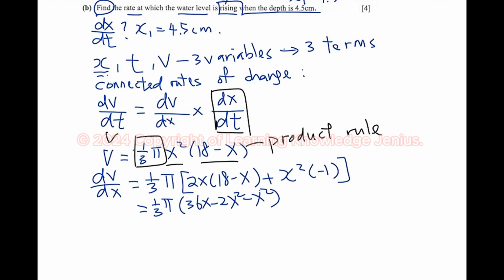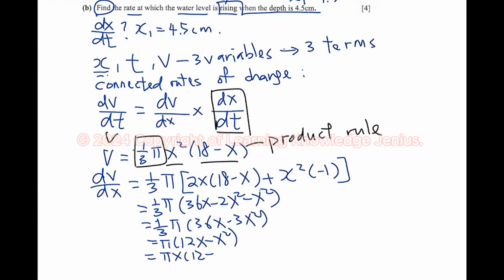Simplify further, we will get, they all have the common factor of 3. You can take out the 3, and then you will have 12x minus x squared. We also have x as the common factor, you can take it out. So this is our dV/dx.